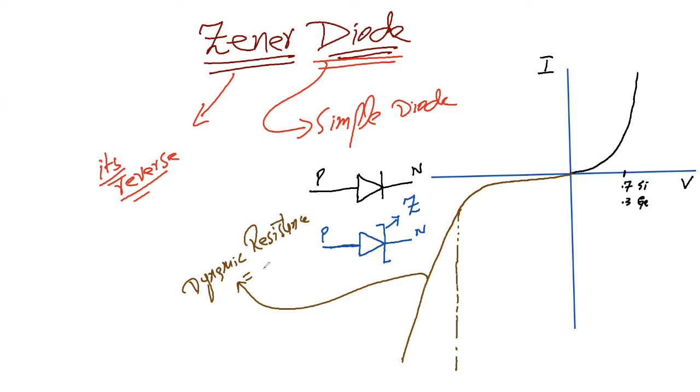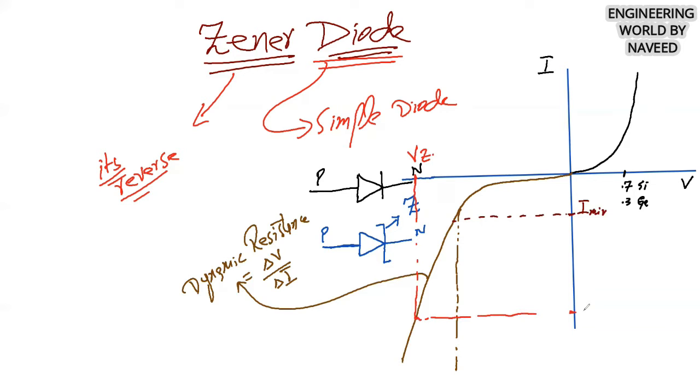That will be equal to the ratio of change in voltage to the change in current. But ideally we consider this as a straight vertical line. This will be the I minimum. And let's say this is the Zener voltage, and then this current will be the maximum.